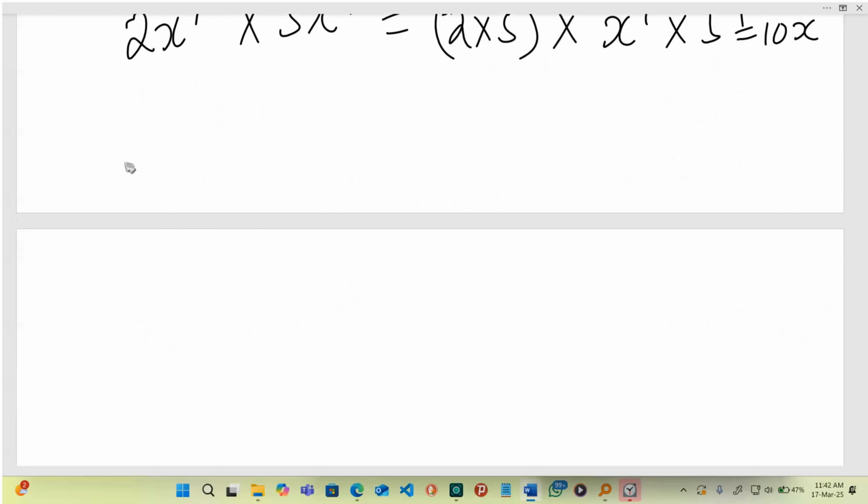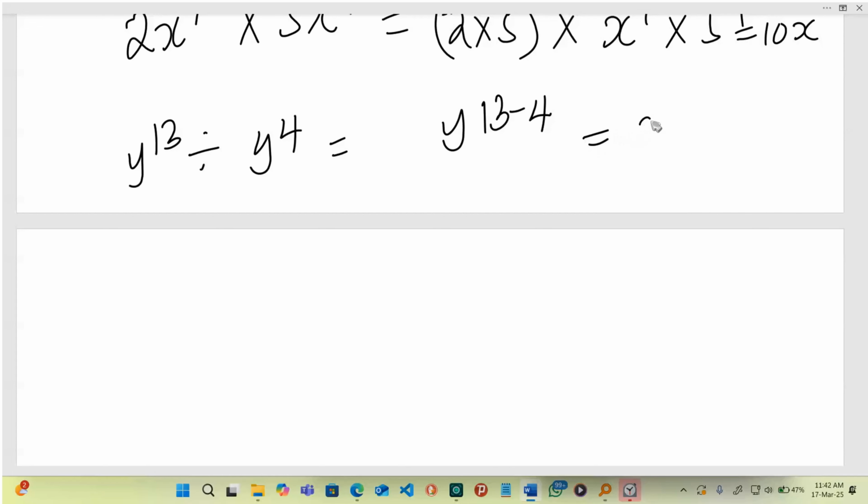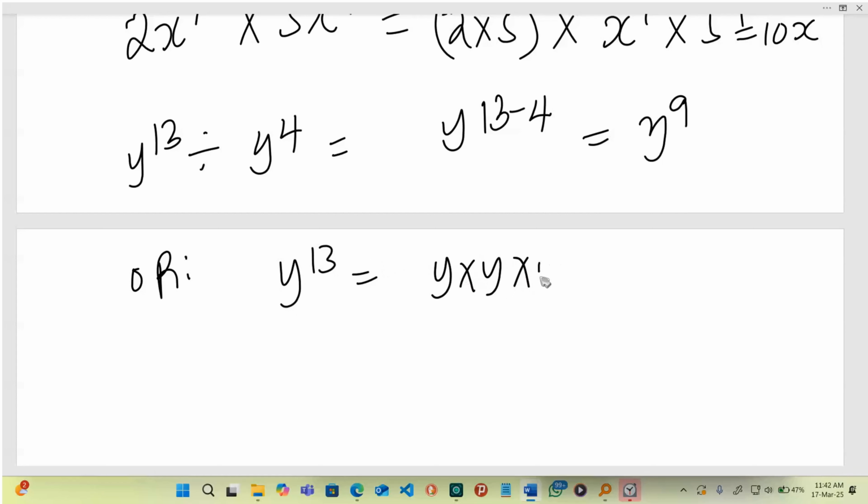Now, what if you have y to power 13 divided by y to power 4? This is the same as saying y to power 13 minus 4. And this is going to equal y to power 9. Or another way to say it: y to power 13 is equal to y times y times y, 13 times.